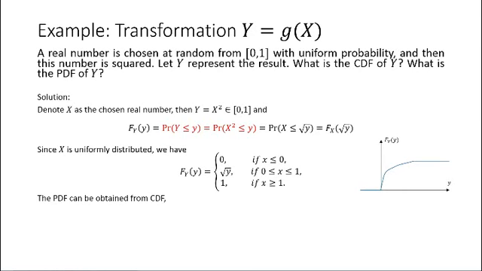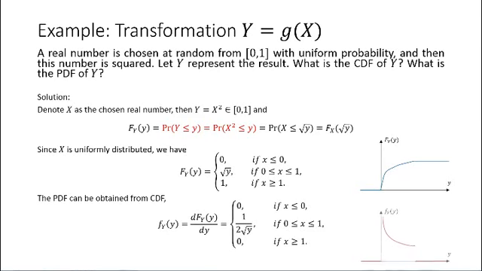At last, the PDF is just the derivative of the CDF, which results in the red curve. The basic method to deal with transformations of random variables has already been illustrated here.